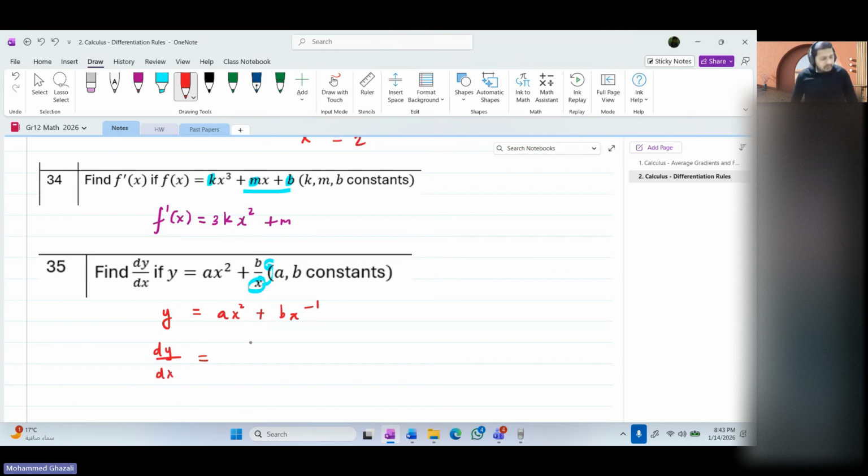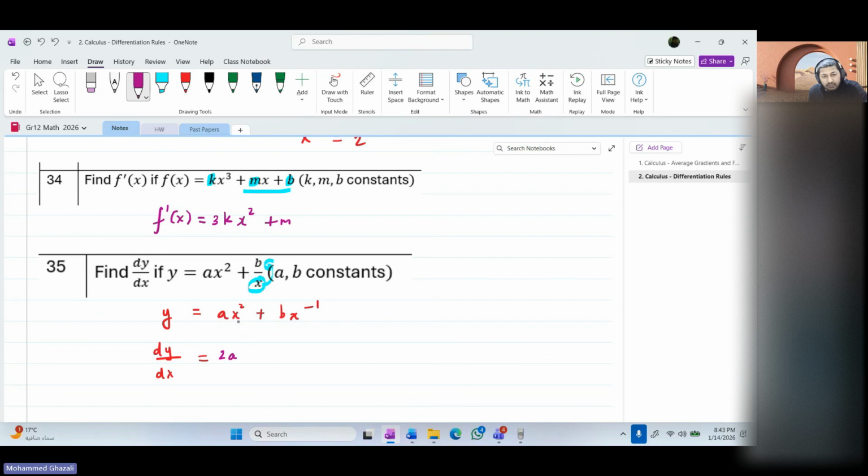Arnav, you want to try this out? Mishka, you want to try this out? I'm not too sure how to do this. Just multiply this out, just multiply like normal. 2 times a is 2a.